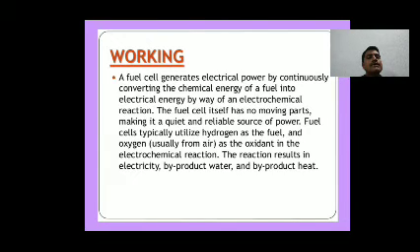The reaction results in electricity, byproduct water and byproduct heat.